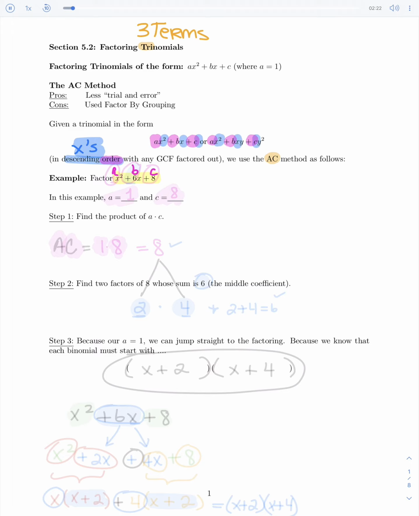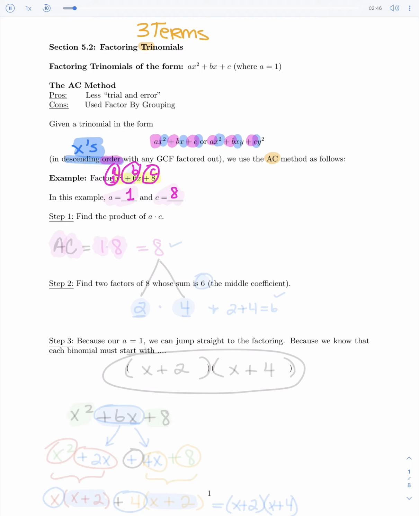But remember that there's always a hidden number out in front of every term. Even if you don't see something, it's a hidden 1. So our A is going to be a 1, and our C is an 8, and we'll use our B later. Notice the B has a plus sign out in front, so it's a positive 6. The C is also a positive 8. And the hidden 1 is always a positive 1.